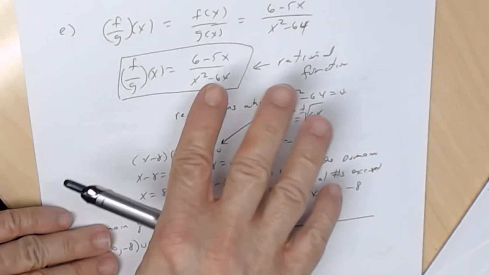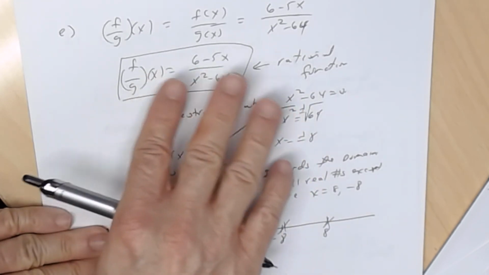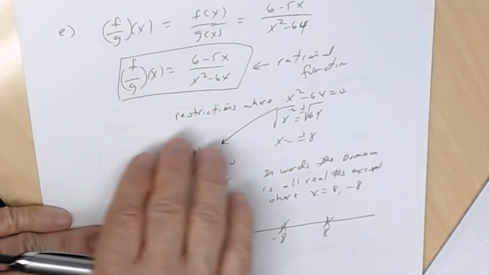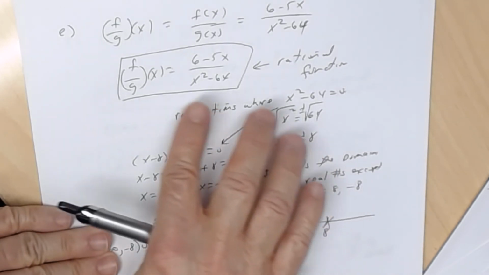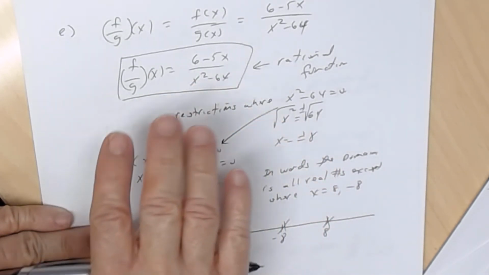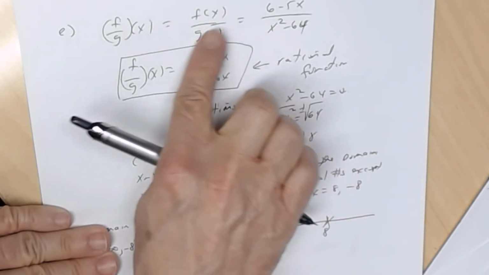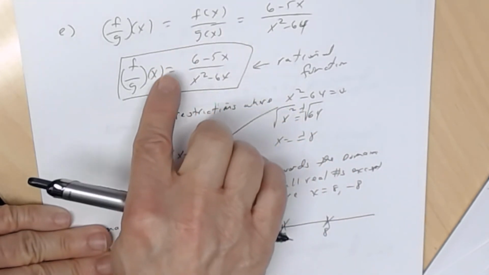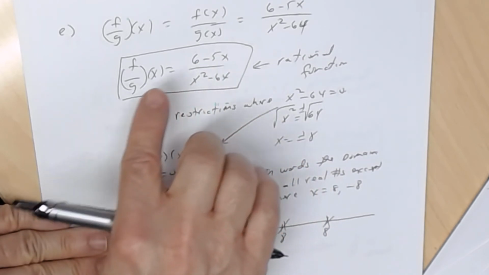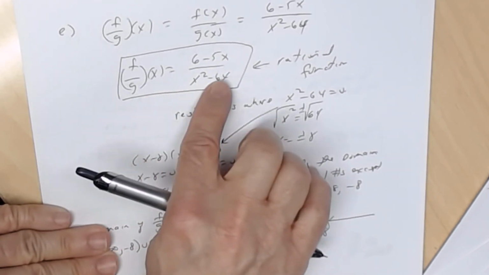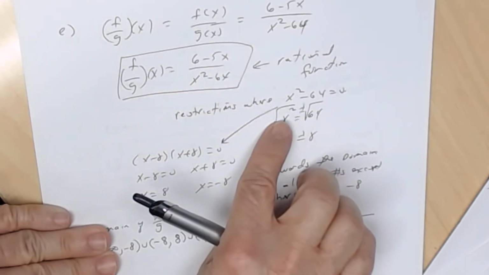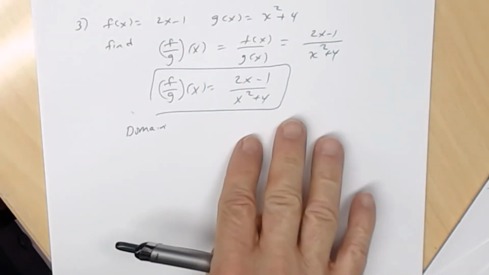When I found the domain of this rational function, I asked myself, what makes the denominator 0? Because the domain of a rational function is all real numbers except what makes this undefined, and a rational function is undefined when the denominator is 0, right? Okay, let's use that right here.